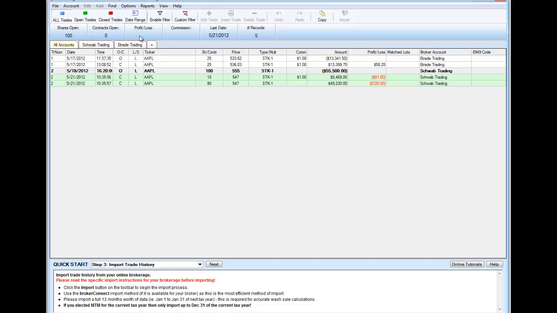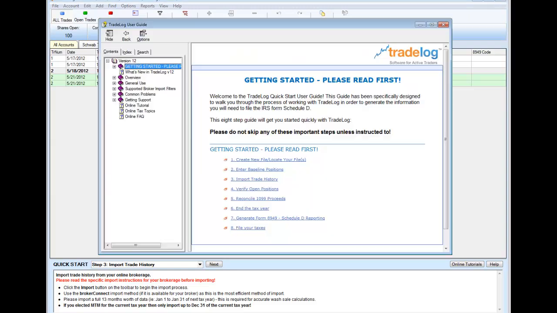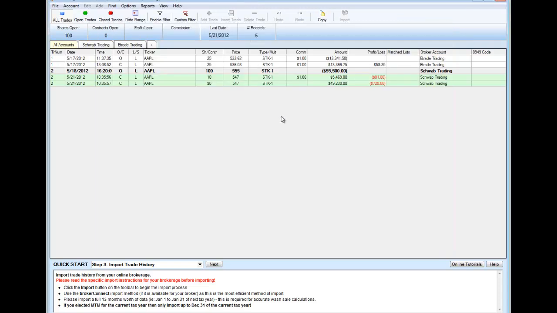And then what we also encourage you to do is after you've ended the tax year, you notice the next step on our user guide, if I can get back over there, is generating your 8949, filing your taxes. So you want to do that the same time that you end the tax year. That way the reporting that you send to the IRS matches up with what TradeLog used to make those carryover adjustments.